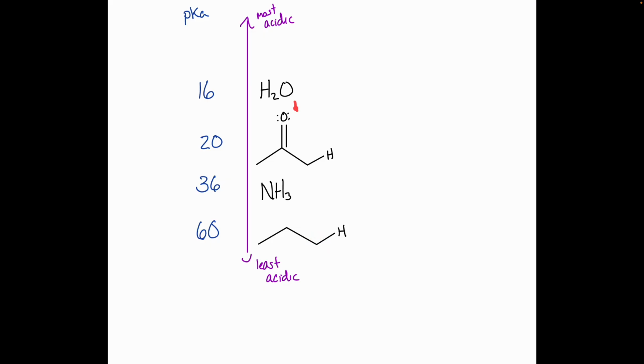But if we put that carbon right next to this carbonyl group here, all of a sudden we see this much more reasonable pKa value here. We can actually get a base that could effectively remove that hydrogen from a carbonyl carbon, or from the alpha carbon. And if instead we take that alpha carbon and we sandwich it between not one but two carbonyl groups, all of a sudden that pKa value drops significantly to around 9.